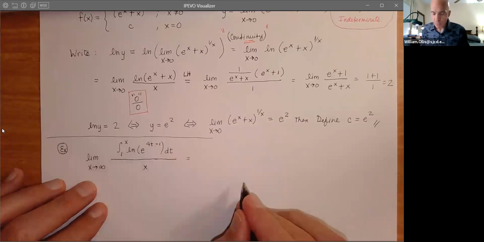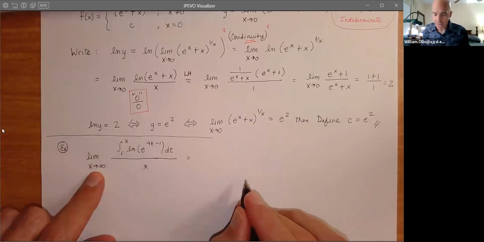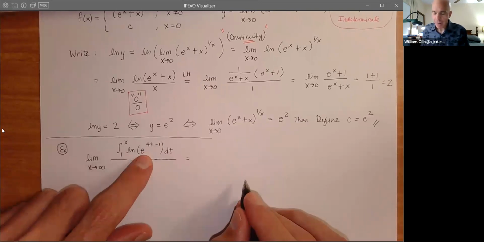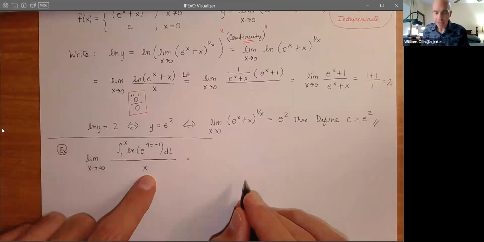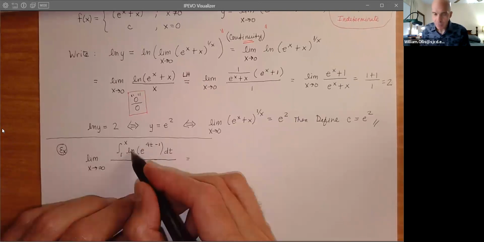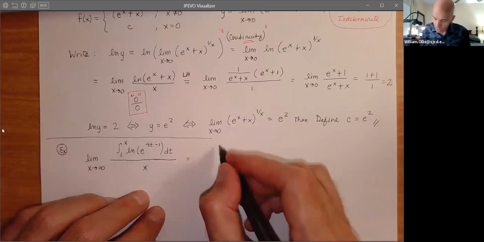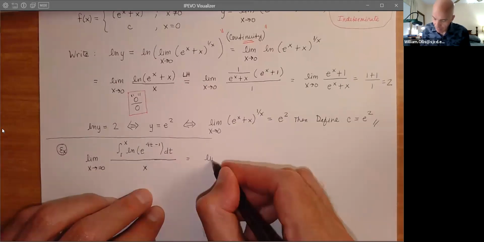You're thinking, well, a pre-cal student could do this. So now when we look at this problem, we have the limit as x approaches infinity of the integral from 1 to x of the natural log of e to the 4t minus 1 dt divided by x. Well, the logarithm and the natural exponential are inverses. So first, we can reduce that.